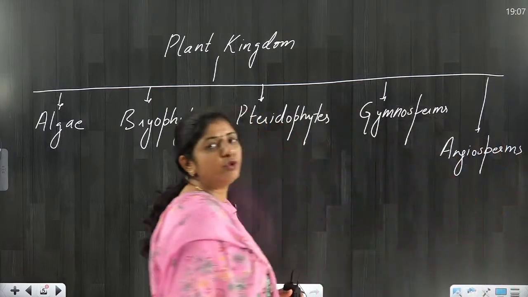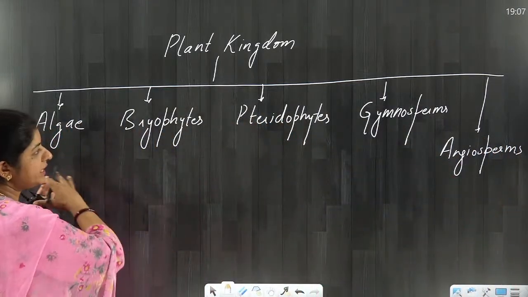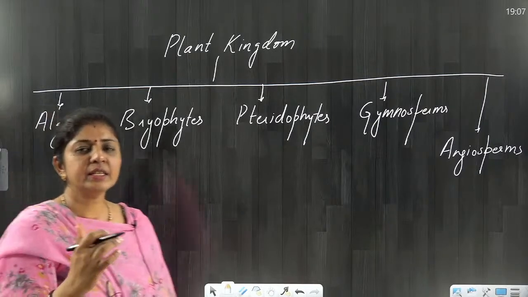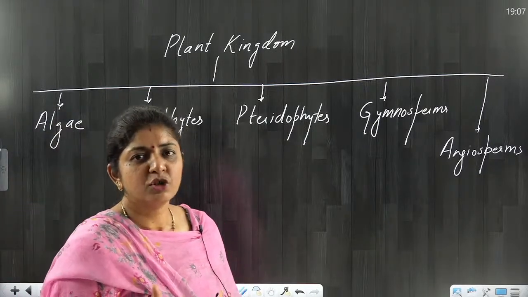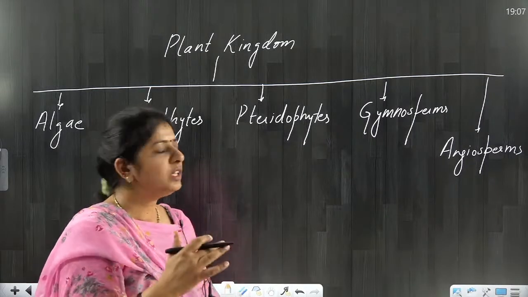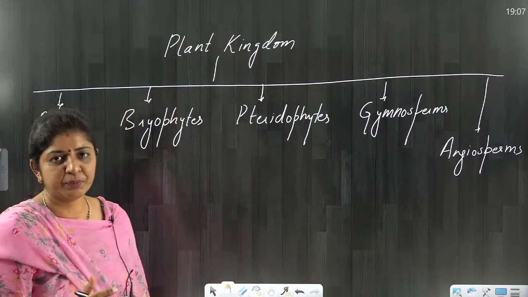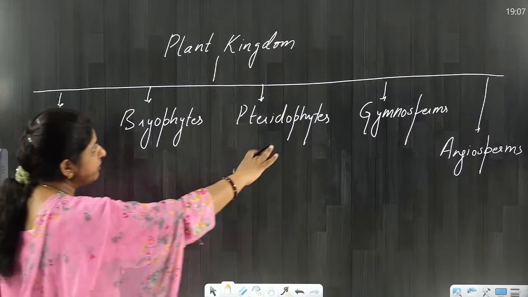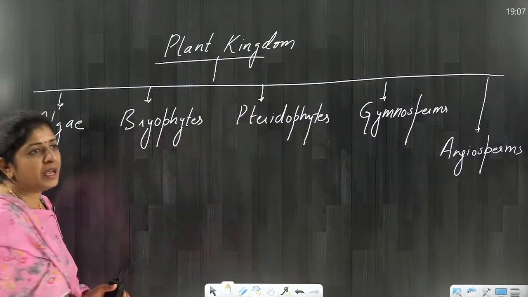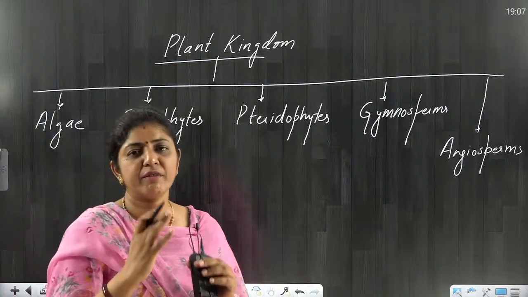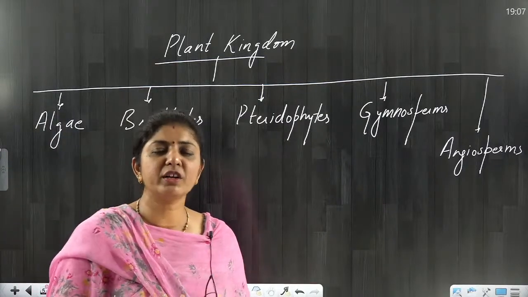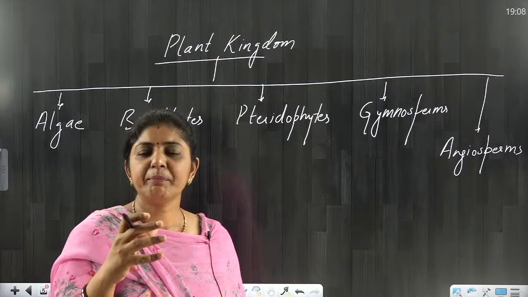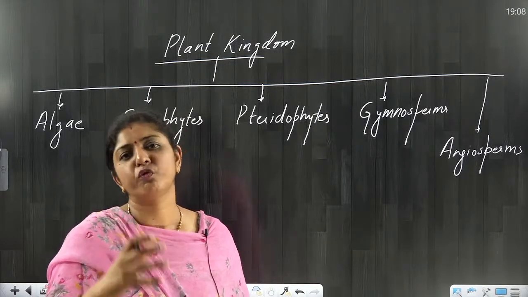So what we have to do? We have to study the life cycles of all these divisions. So all the life cycles of all the divisions we have to discuss. Keep in your mind, you have taken all the divisions under the plant kingdom because these plants are photosynthetic, they are independent, they can make their own food.